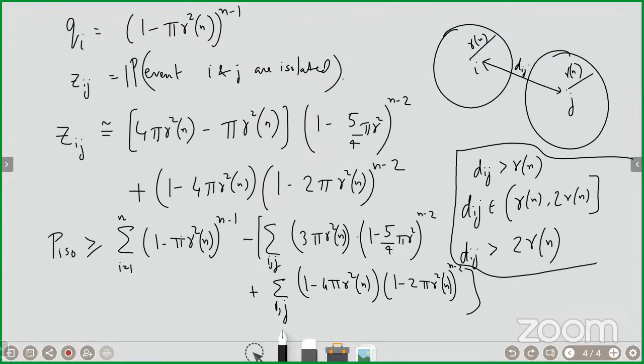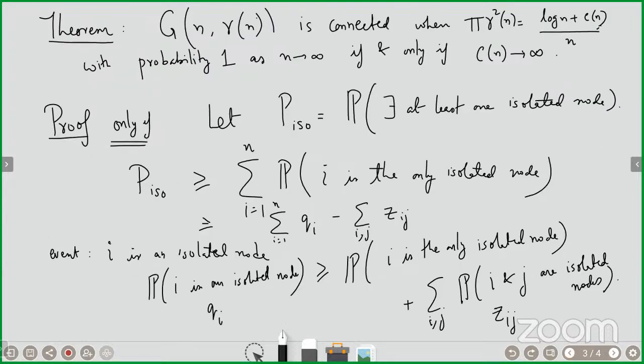Back to the previous page. There we have P iso, only isolated node, and that is less than or equal to Qi minus Zi. So how can we say that that is greater?